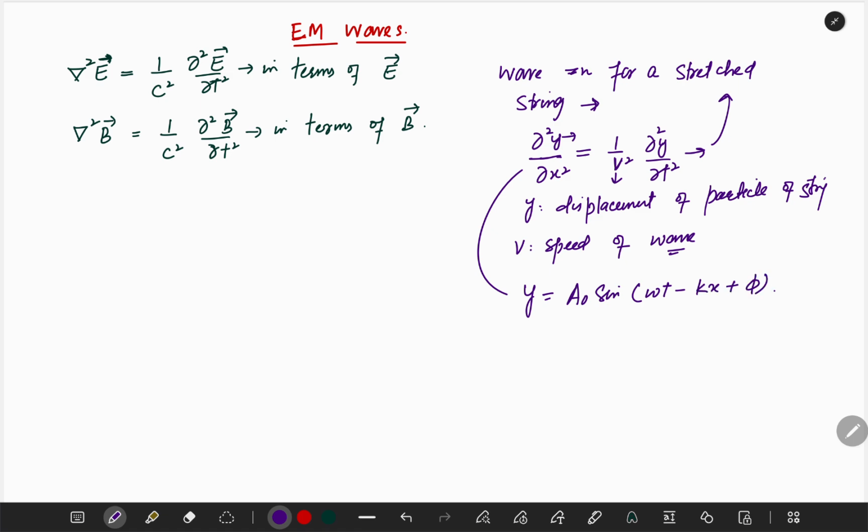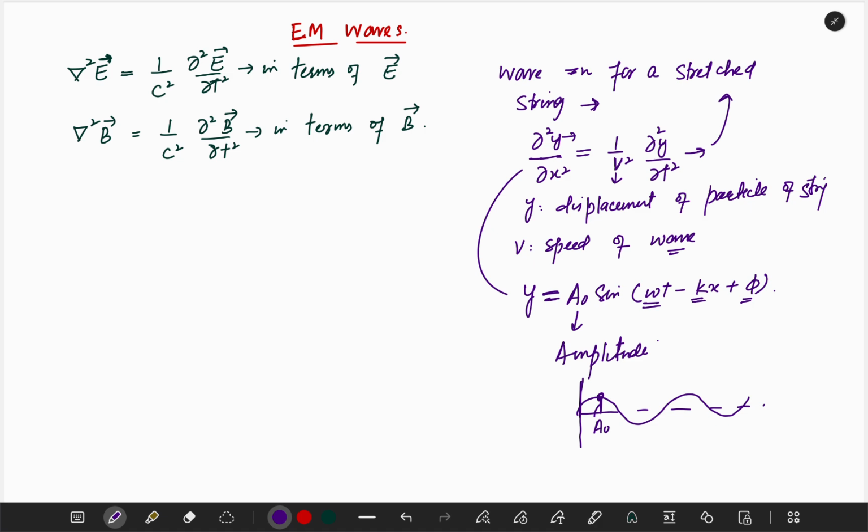This we know from very elementary physics, where a naught is the amplitude of the particle that is oscillating. Let's say the wave is going up and down, so this is the amplitude, a naught. Omega is the angular frequency, k is the wave vector, and phi is the initial phase. I don't need to go into the details of this solution, as we have learned all these things in 11th and 12th physics.